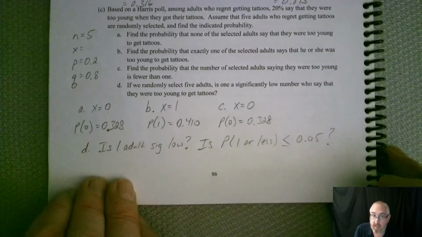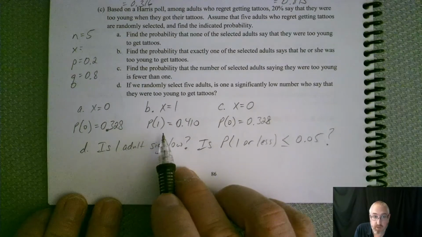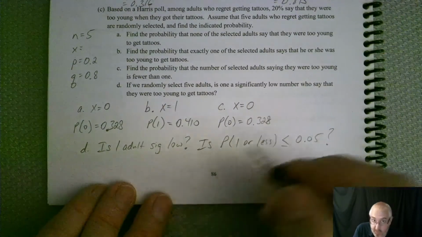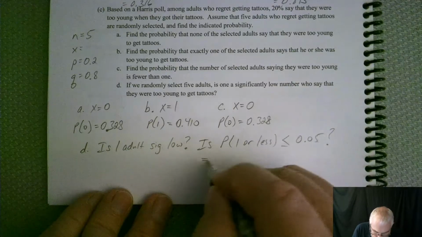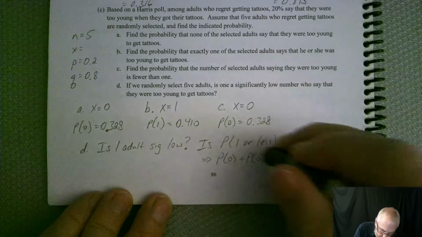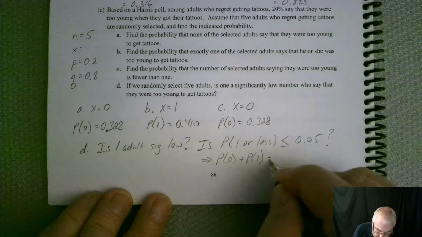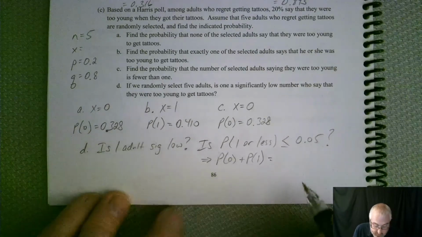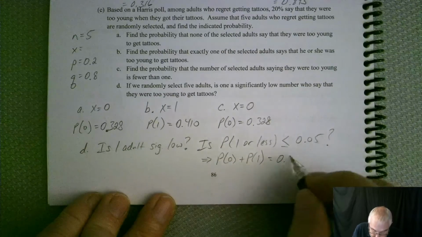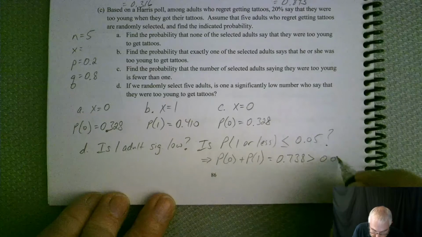Well, we can answer that though, because we have the probability of 0, we have the probability of 1. Those are the only two that are going to be less than or equal to 1. So probability of 0 plus the probability of 1, not 0 again, is equal to the sum of those two, which is pretty large, 0.738, which is way bigger than 5%.